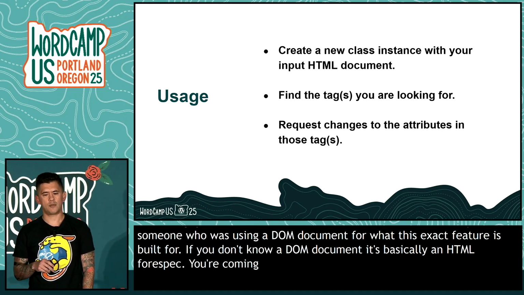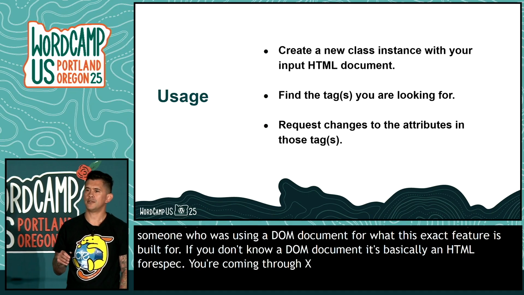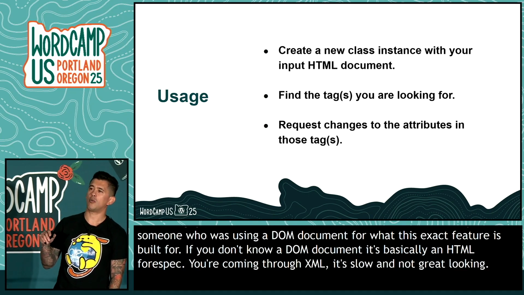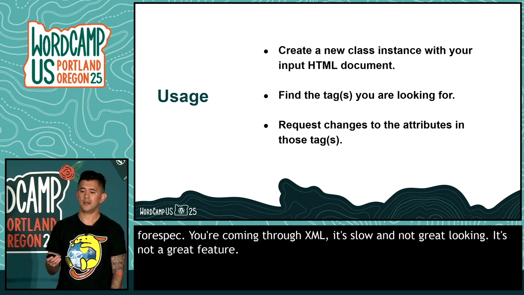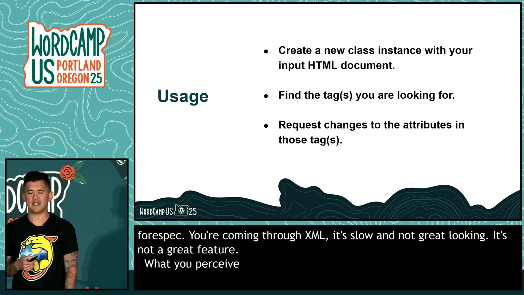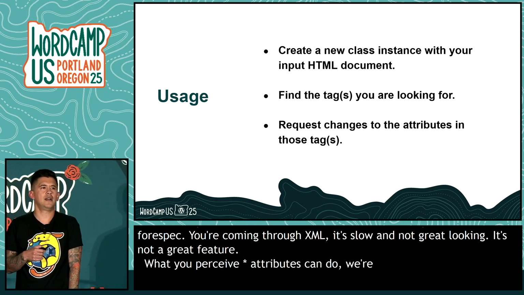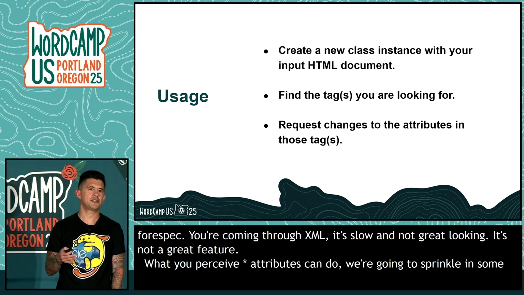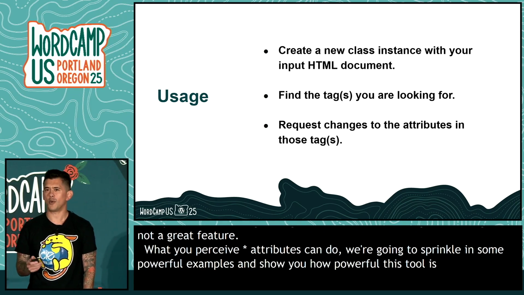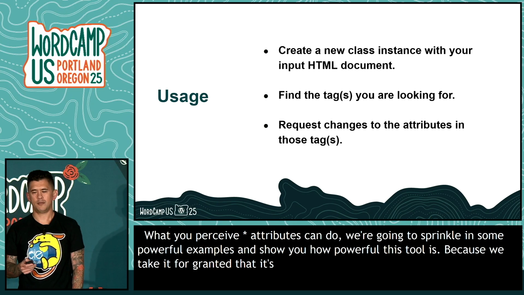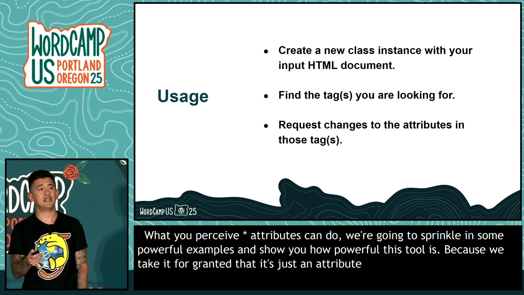And as we go through this, we're not just going to limit ourselves to what you perceive tags or attributes can do. We're going to sprinkle in some really impressive examples and show you how powerful this tool is. Because we take it for granted that it's just an attribute, right? It's just a source, just an ARIA label. What happens when we can manipulate that or they're missing?